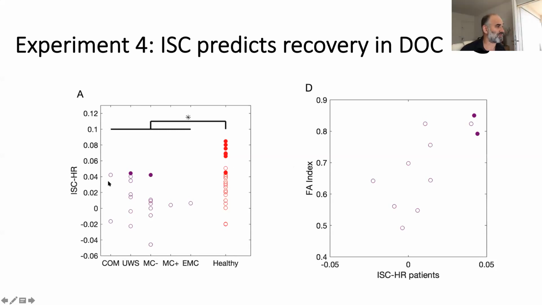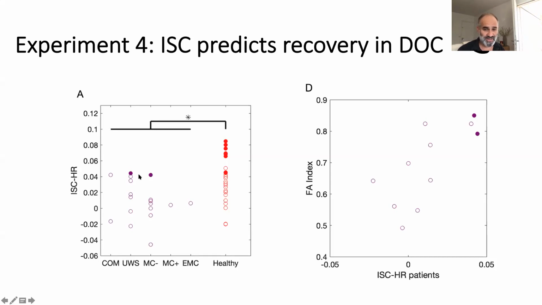Here you observe patients either in coma, unresponsive wakefulness syndrome, which is a vegetative state, minimally conscious minus, which is non-responsive, minimally conscious plus, which is people with capacity to respond, and exit MCS, which is the higher state. So you observe here two values, in fact, were the highest values observed on the patients. And in fact, these were the only two patients that recovered consciousness afterwards.